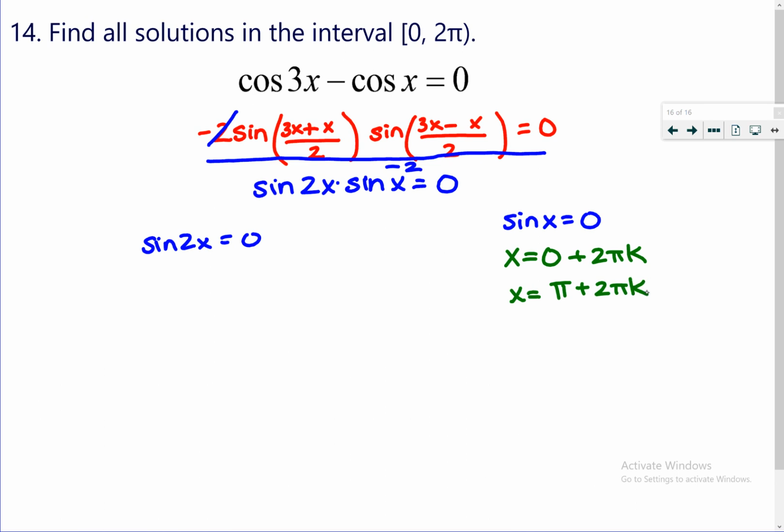That's it. The one on the left, the angle's a little weird. So I'm going to replace it with a theta. I'm going to solve for theta first. Now, it's still sine equals 0 here. So theta is going to equal 0 plus 2 pi k, and pi plus 2 pi k.